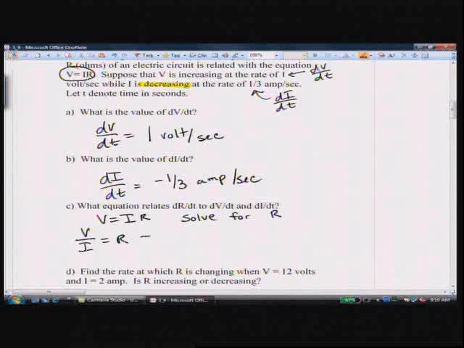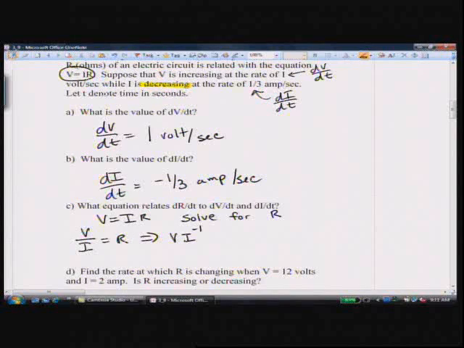Now, when you're dividing by a single term in the denominator, and you know the chain rule, it's sometimes easier to use the product rule to do the division instead of having to do the quotient rule, if you recognize that you could write this as V times I to the negative 1 power. Do y'all agree with that? And don't you think sometimes the product rule is just easier?